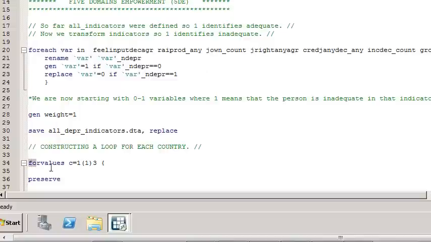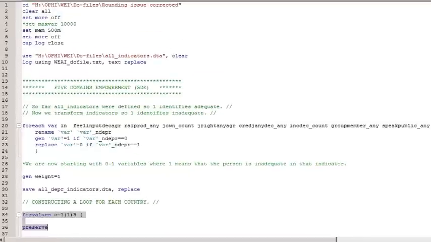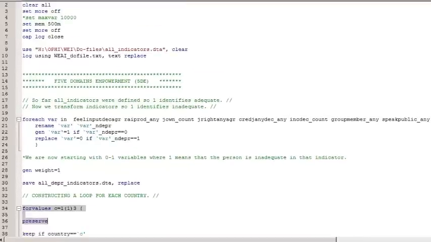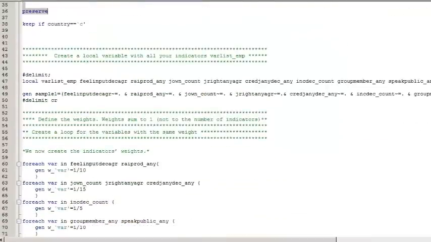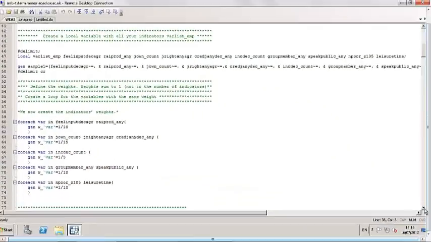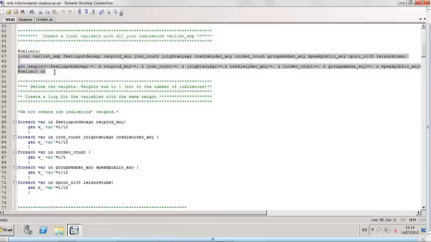Then we construct a loop for each country. Then we create a local variable with all indicators, and we define the sample, which is the number of individuals for whom there are no missing values in any of the indicators considered.